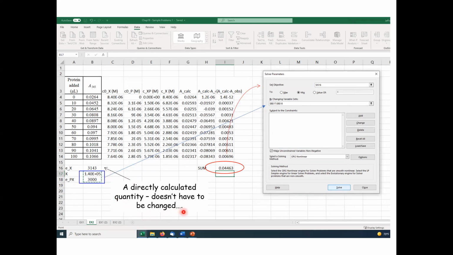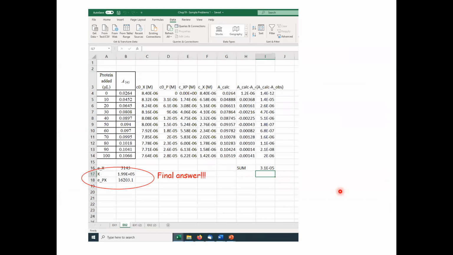Note, I don't have to change the extinction coefficient of the ligand X because that was a directly calculated quantity. Put all of those numbers in, click solve, and at the end of the day, here's what you get. Excel does its thing, and I get an optimized value for the equilibrium constant and the extinction coefficient of the complex.